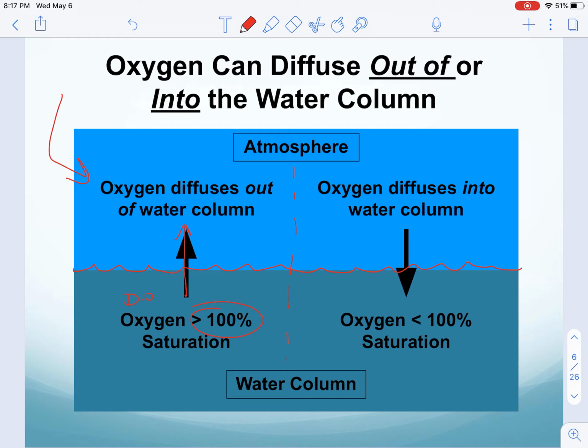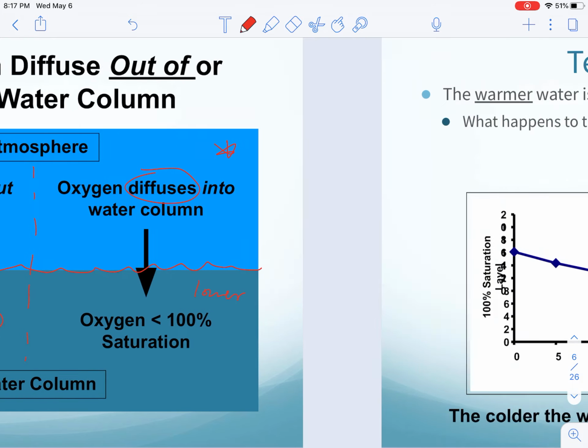In most situations, though, we're going to have something over here on the right-hand side, where our water column or our body of water has a lower concentration compared to the atmosphere, and we're going to diffuse that down into that body of water. Okay, so again, diffusion does both, and you need to remember it deals with the concentration.